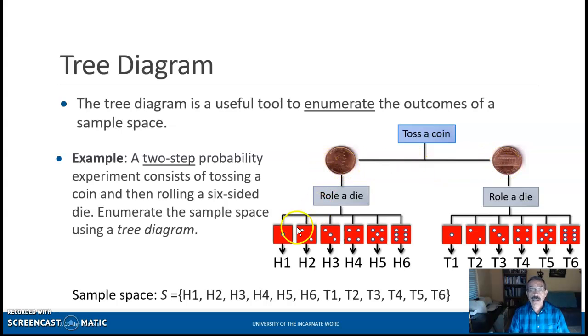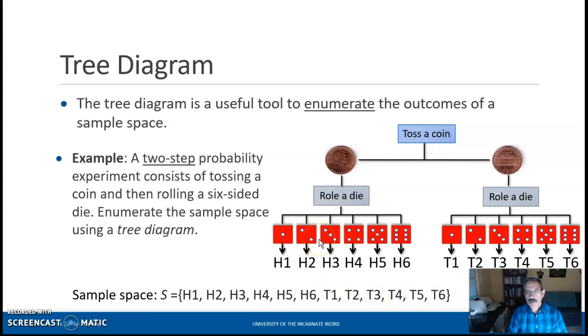If you get a head, then you have the 6 possibilities of rolling the die. If you get a tail, then you have the same possibilities of rolling a die. So when you put this together, the sample space for this two-step experiment is heads with the 6 possible rolls and tails with the 6 possible rolls.